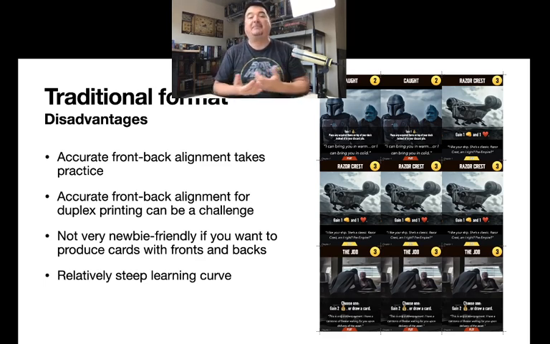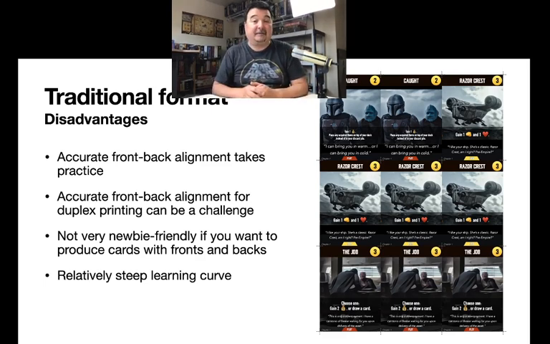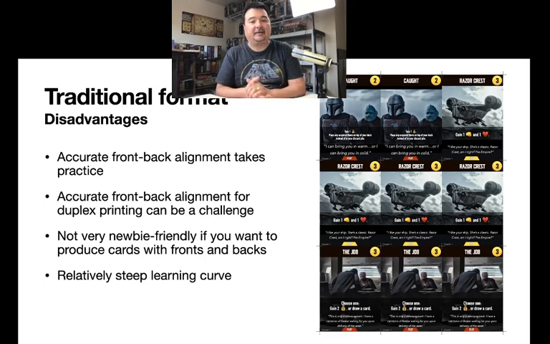That's not the job they were created for. They were created for putting text on a page, and pixel perfect alignment on that page wasn't really part of what they were designed to do. So there are always going to be variations inside the mechanisms of most home level printers, where it's very difficult to get great front back alignment.